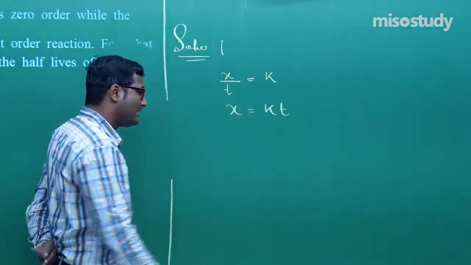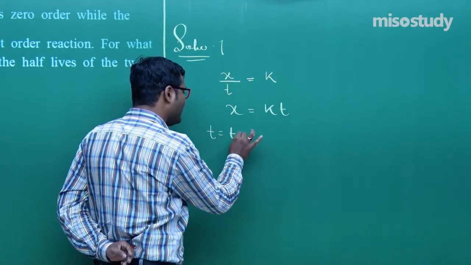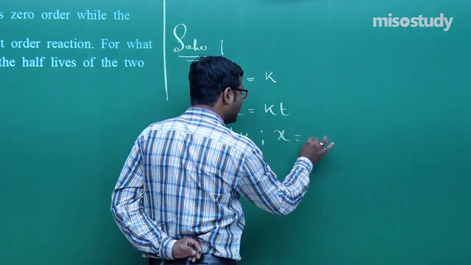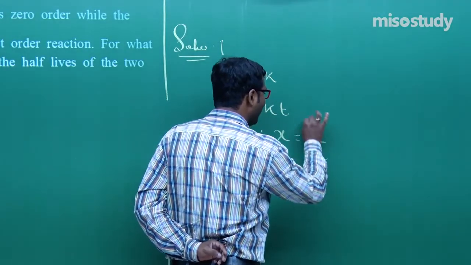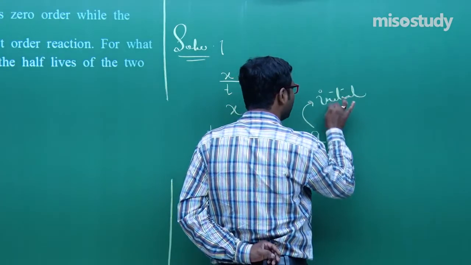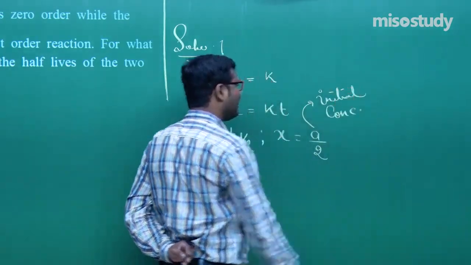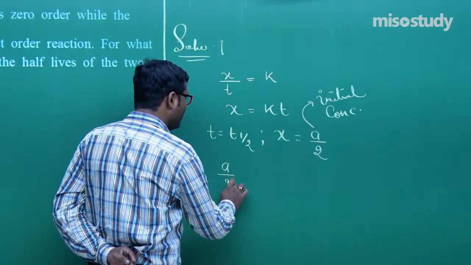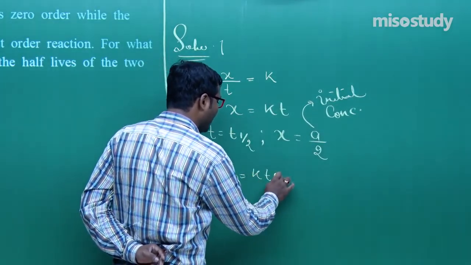If t is equal to t half, then assume x is equal to a by 2, and a is nothing but the initial concentration. Clear? Now put this value, that is a upon 2 is equal to k t half.